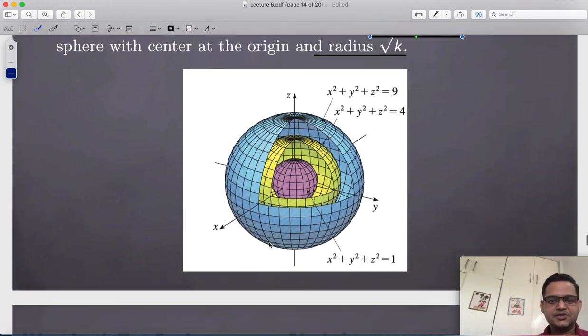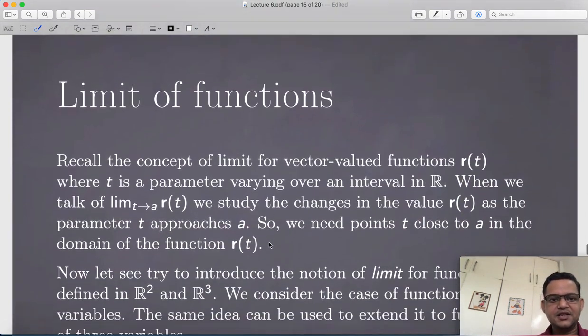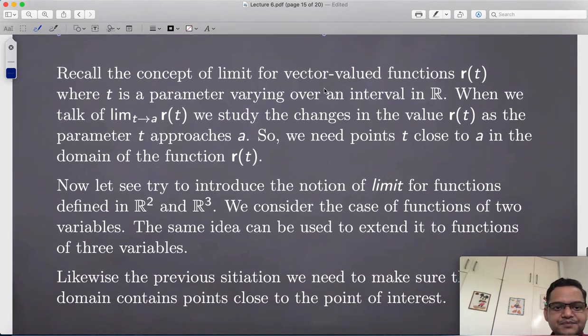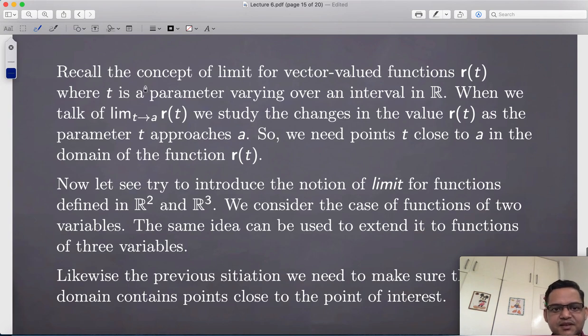All right. So now I define the concept of limit. Just briefly recall that for vector valued functions, recently we defined the limit as t goes to a of r(t). Here this t was just a parameter varying over the real line. In order to have this concept, we need points which are very close to a, the point under consideration.